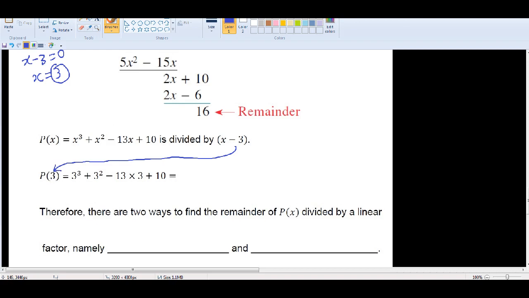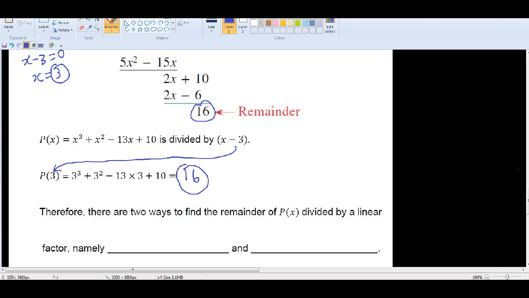So we substitute that 3 into the polynomial and do the substitution. Then what number do you get? You could use your calculator to check, but that will definitely be 16. So what's so special about that 16? That 16 is just the remainder.